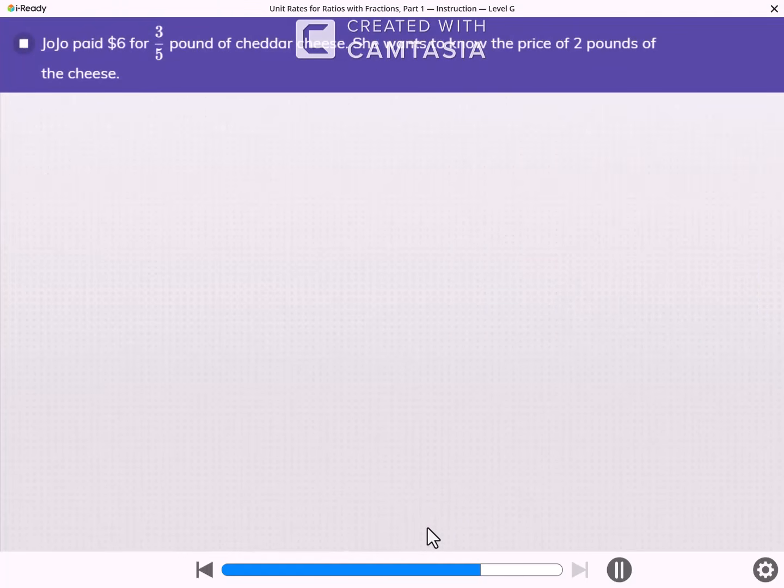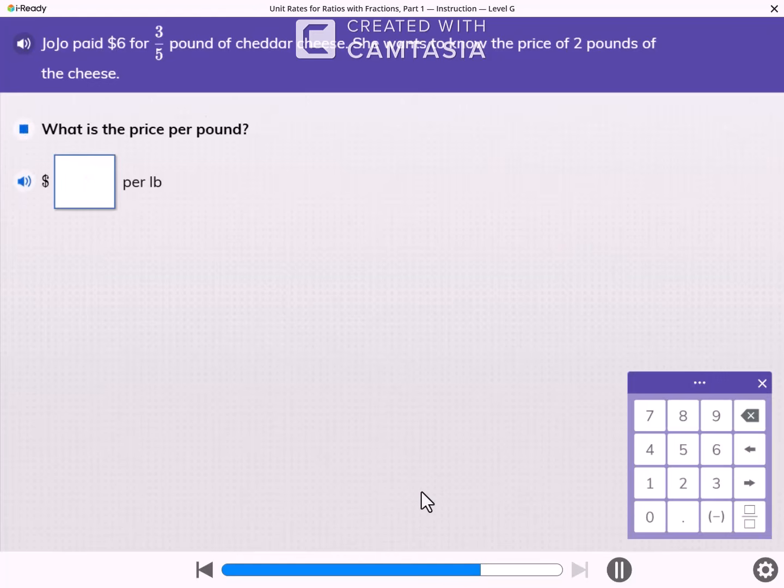Jojo paid $6 for 3/5 pound of cheddar cheese. She wants to know the price of 2 pounds of the cheese. What is the price per pound? Okay, so per pound, not 2 pounds. If she spent $6 on 3/5, 1/5 is $2.